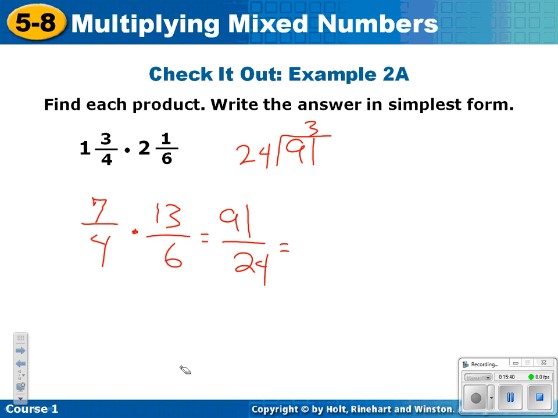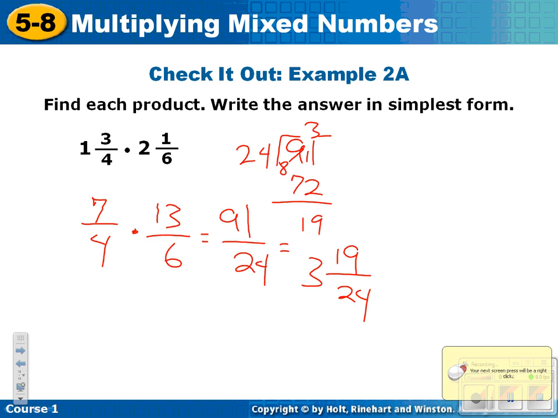Who's it for? Oh, I got 9 3 and 19 over 24.